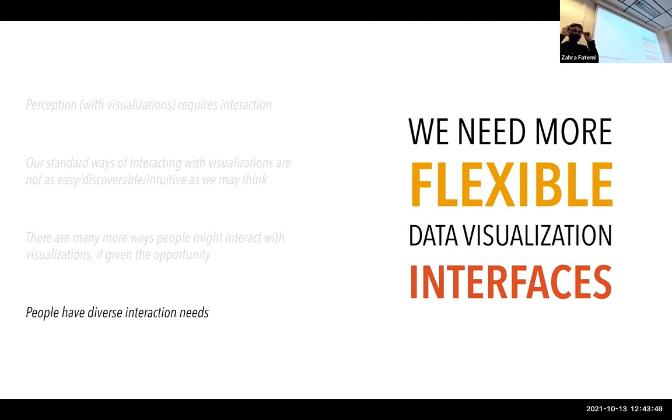They use diverse strategies and they have diverse interaction styles. So understanding and leveraging this diversity of interactions, if we were to create more flexible interfaces, I think would clearly help in improving the discoverability of these interfaces, of interaction in visualization, and make visualization more accessible as well.